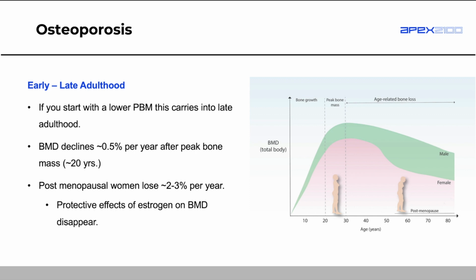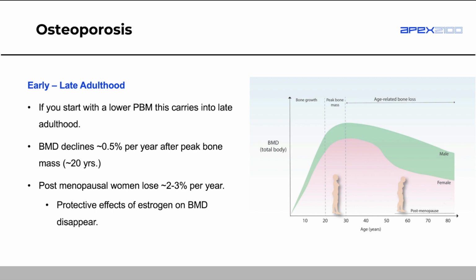The decline becomes significant for females after menopause. So you can see in the females, there's almost like a step down at around 50 years old. That's because of menopause. So estrogen is very protective of bone mineral density, and when we go through menopause, we no longer have as much estrogen as we used to, and that is what accelerates that decline in bone mineral density.